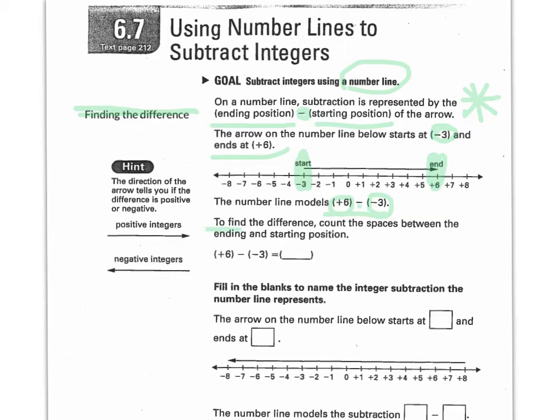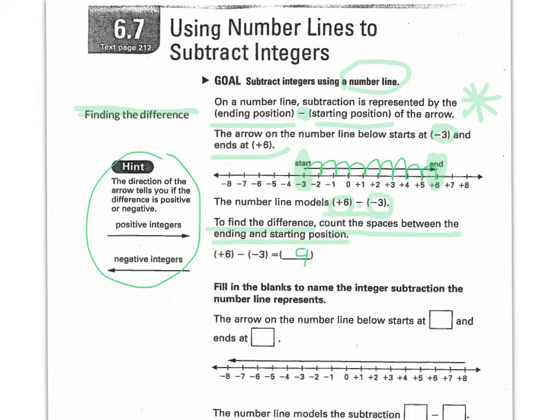Now, to find the difference, we need to count the spaces between the ending and starting positions. So let's count. 1, 2, 3, 4, 5, 6, 7, 8, 9. There are 9 spaces.